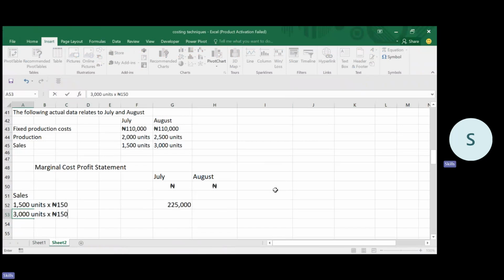So 3,000 times 150 naira will give us 450,000.